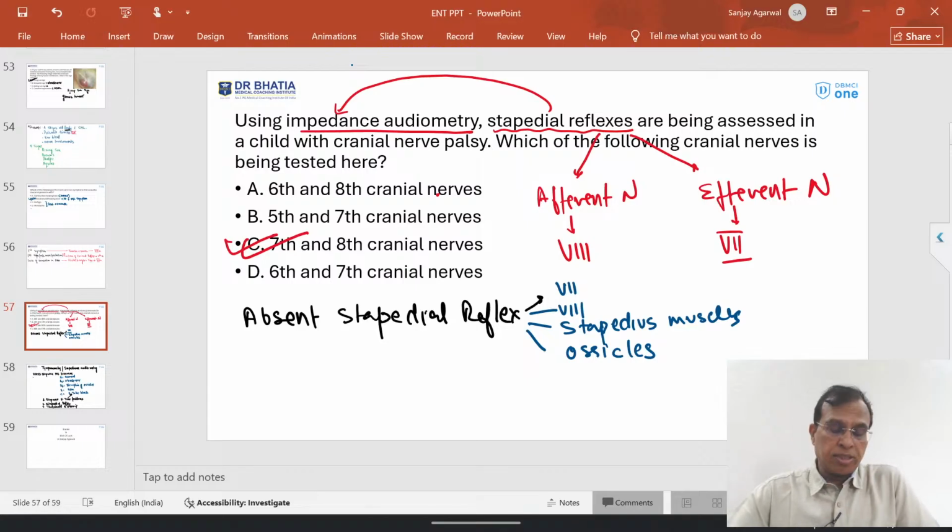But my question is, if stapedial reflex is absent, what is the name of that condition?